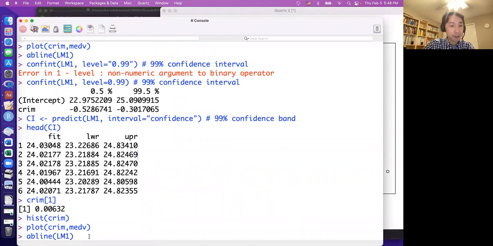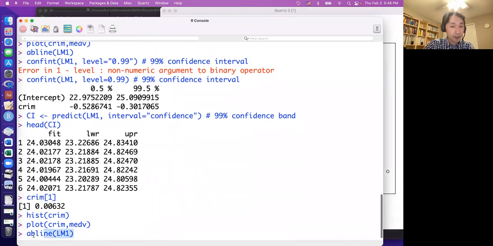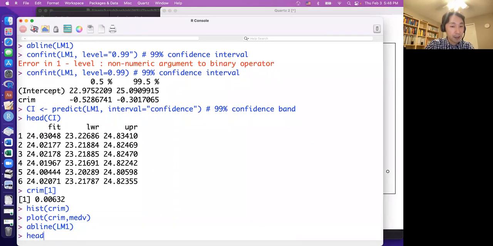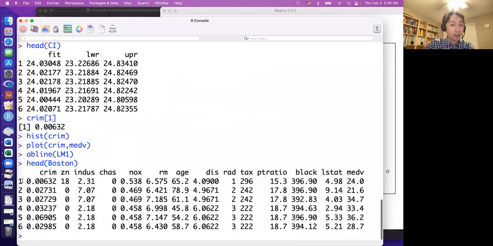So for the second observation, maybe you can again see the head of the Boston dataset. Then these are the crime rates. So actually the first 6 towns all have a very low crime rate. For these crime rates, the expected median house value is almost 23.2.